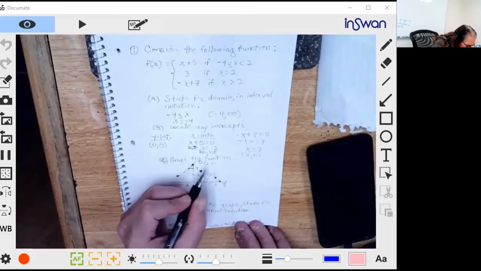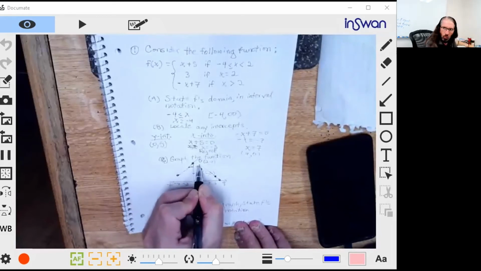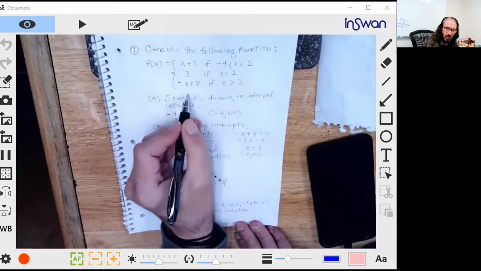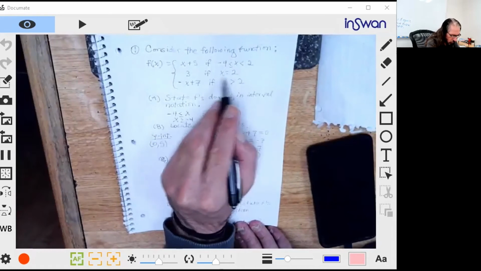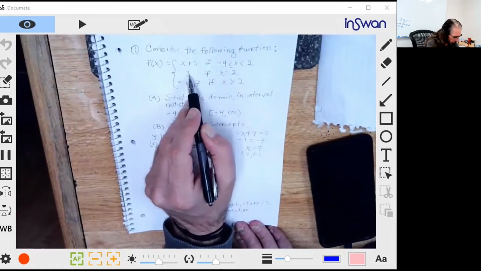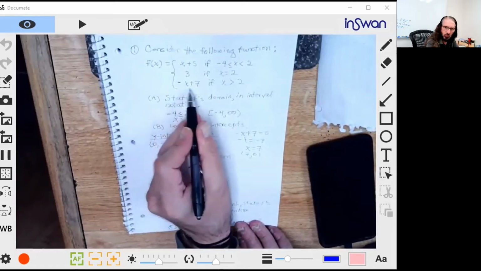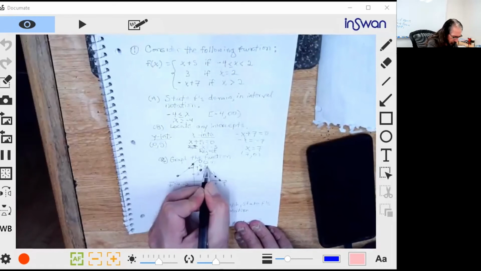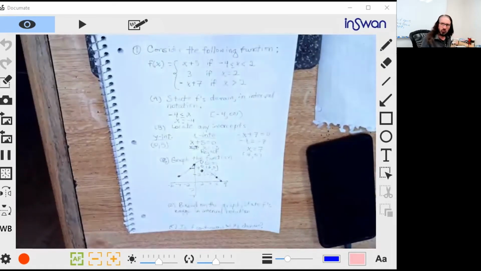And I'm going to continue that back to here. Although it doesn't follow this rule when x equals 2. When x equals 2, y is equal to 3. But it's going to go right on up to the point -2 plus 7, that's 5. So we've got an open circle there as well at 2, 5.